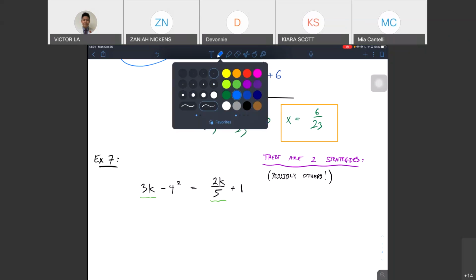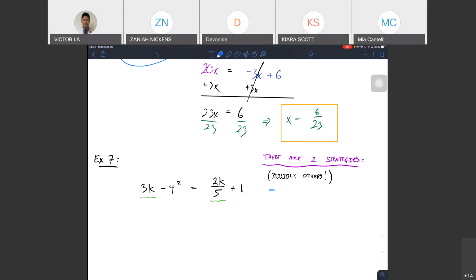So we could do 3k as 3k over 1. And if we do a common denominator, then that would mean you would do a common denominator of 5.